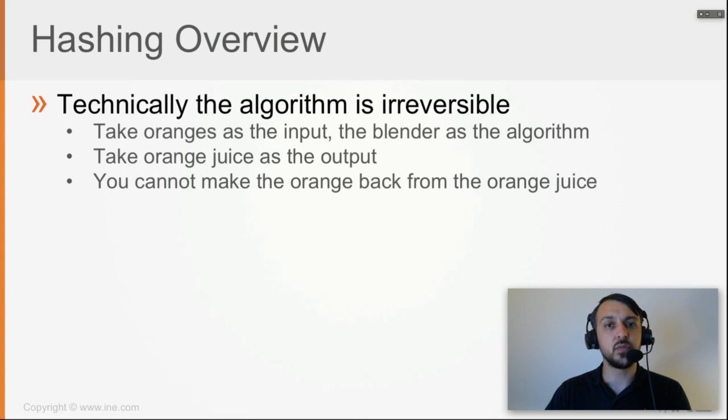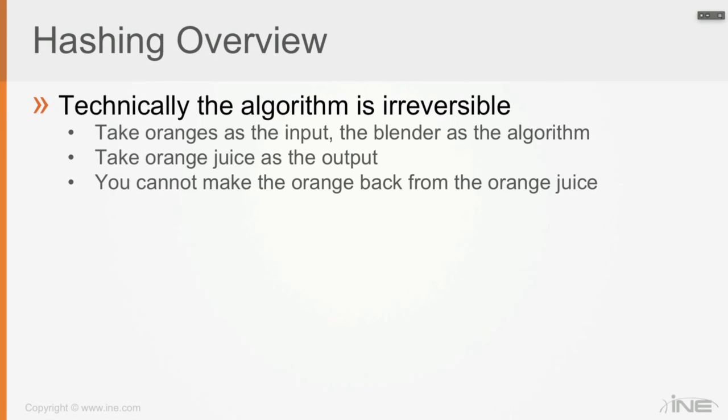And if you have access to the hash, you cannot make back the data from it. That's why it's a one-way mathematical function. When you end up with the orange juice, you cannot make the orange itself back from it.